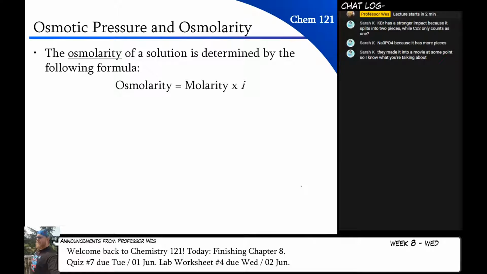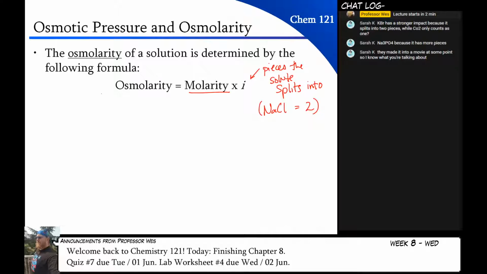What osmolarity is, it is the molarity of whatever solution you're preparing multiplied by this coefficient i. i is the number of pieces the solute will split into. So for example, if we were making a saline solution, i would be 2 because sodium chloride would split into 2 pieces, the sodium part and the chloride part.